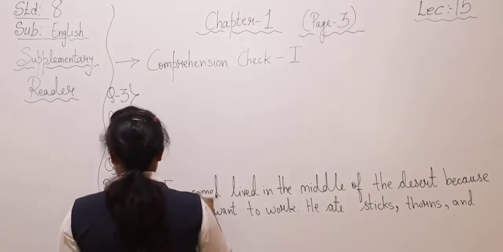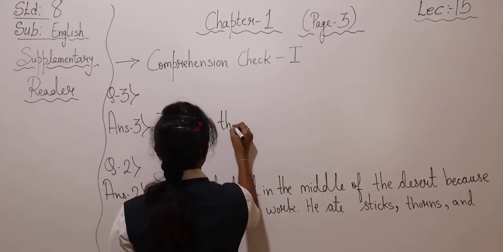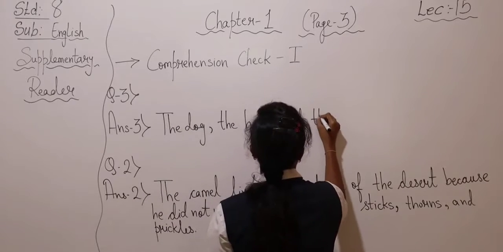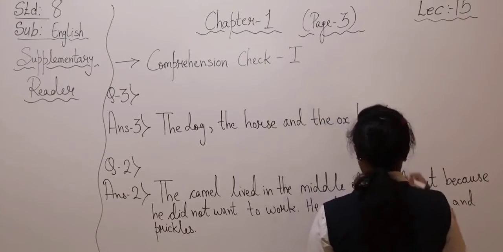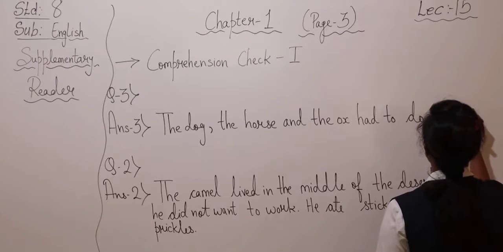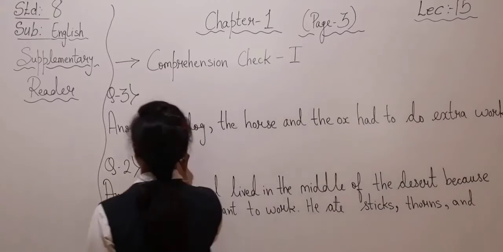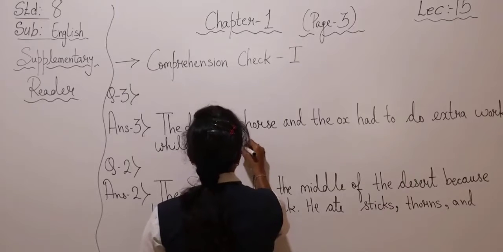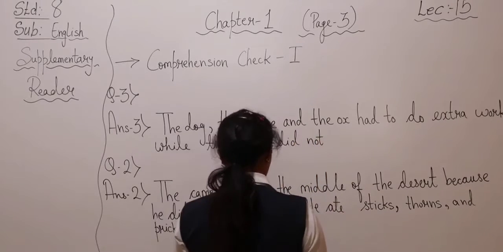Answer 3: The dog, the horse and the ox had to do extra work while the camel did not work.